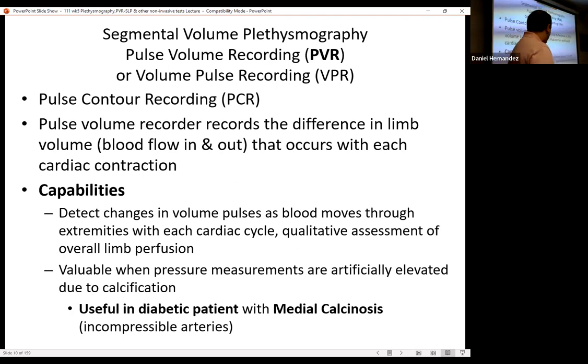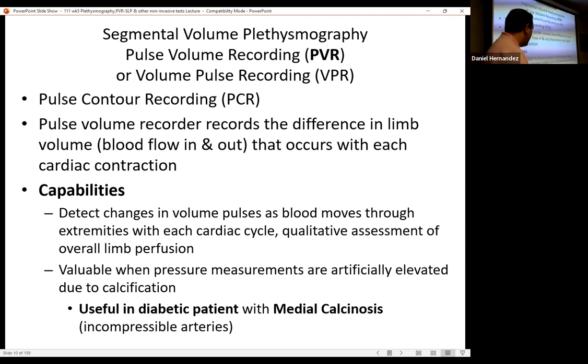So these patients are gonna have artificially elevated pressures in their extremities, so their ankles might be not compressible, or maybe you can get a really high pressure down by the ankles, and the rest of the legs are not compressible. So we can't really figure out what's going on because their pressures are falsely elevated. Because, as we're gonna learn in a moment, as soon as patients start developing arterial disease, those pressures should start dropping.